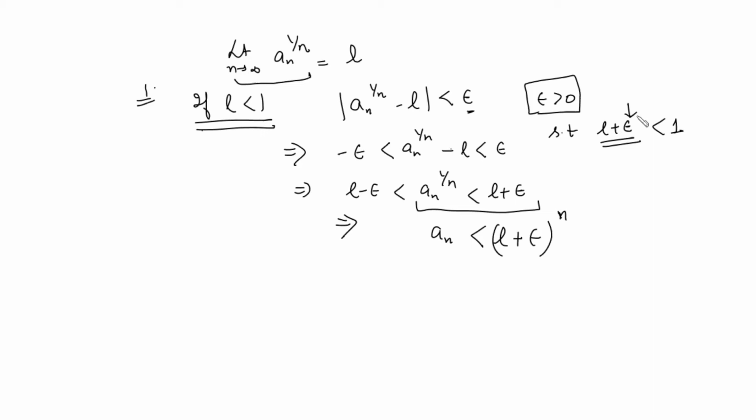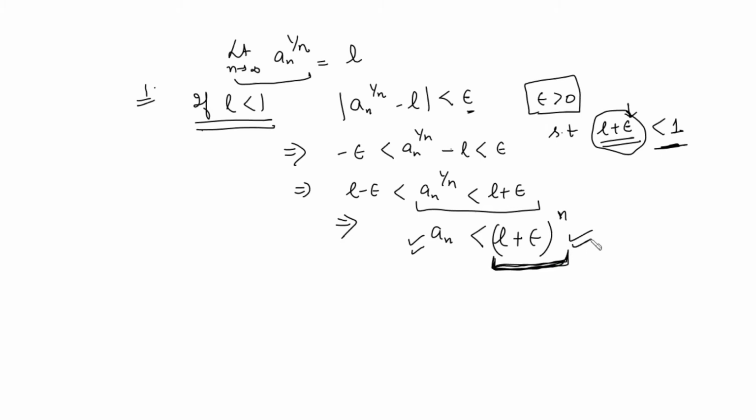Right? Now, since this number is strictly less than 1, this will become a GP series. This is the nth term of a GP series with common ratio strictly less than 1. So by direct comparison, we know that a GP series is convergent whenever the ratio is strictly less than 1.